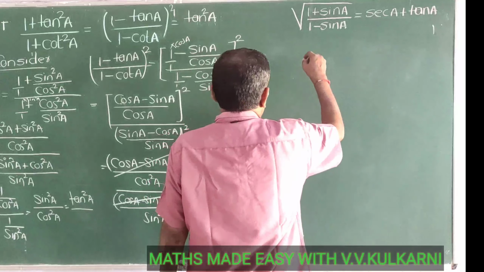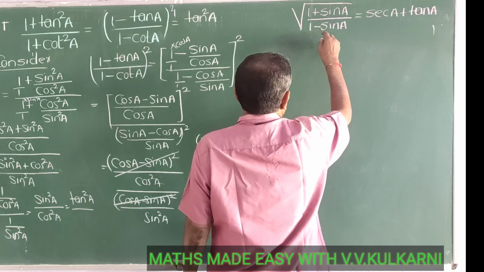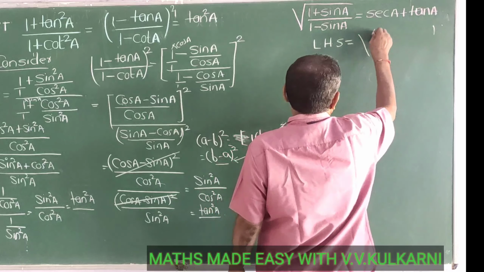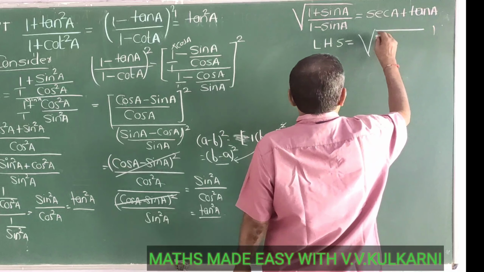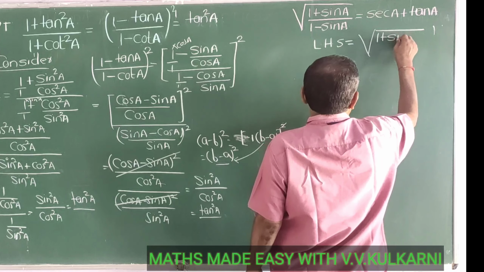So here, this example: under root 1 plus sin a by 1 minus sin a should be equal to sec a plus tan a. Very simple. Left hand side is equal to under root 1 plus sin a by 1 minus sin a.